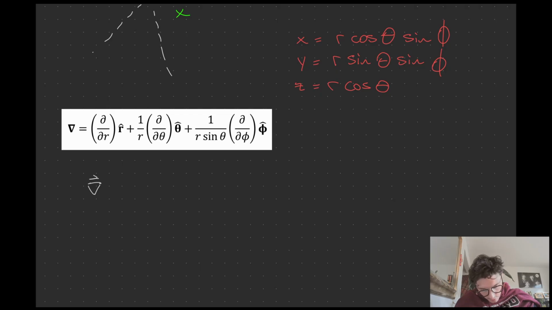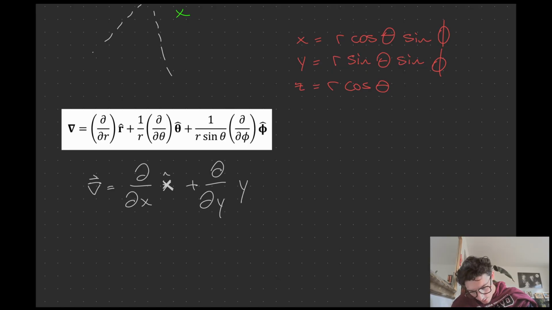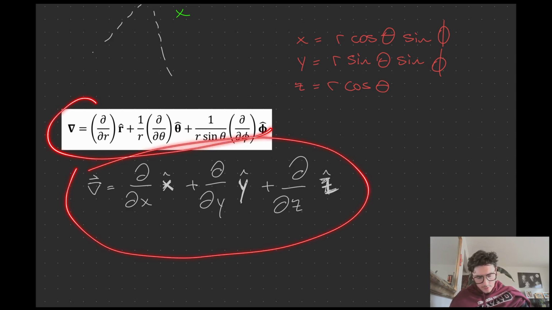So here we have the gradient operator, which I said was partial x in the x direction, the bold x hat direction, plus partial y in the y hat direction, a bold y hat unit vector pointing in the y direction, plus partial z in the z direction. Boom. So we convert from this to this.